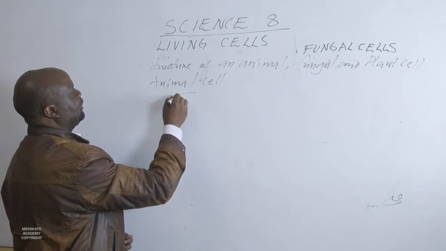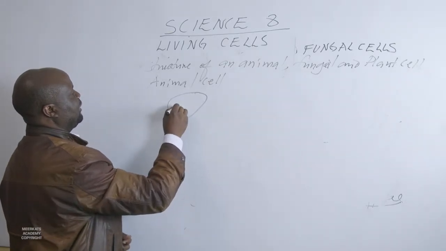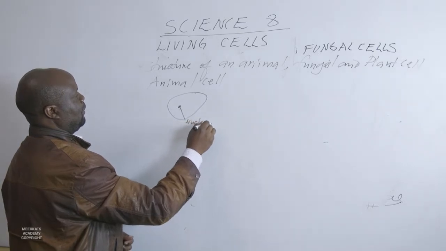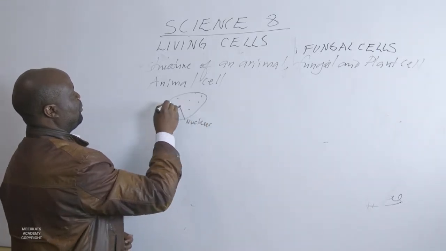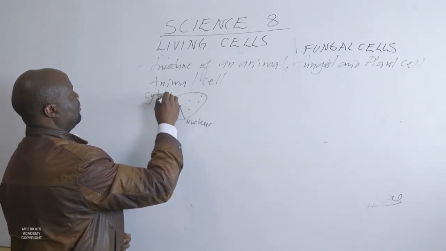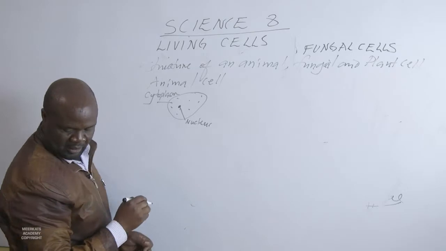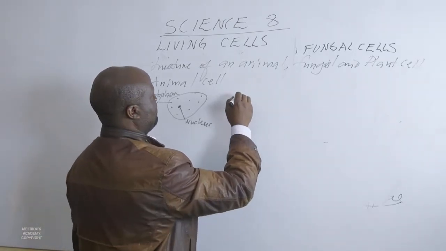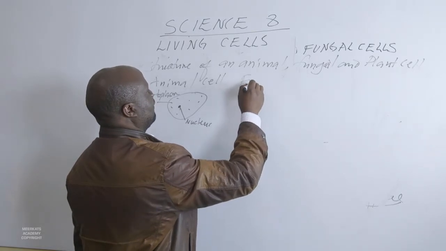A simple animal cell with different shapes, that is the nucleus. In between we have the cytoplasm. That is an animal cell. We can go to fungi, the fungal cell.